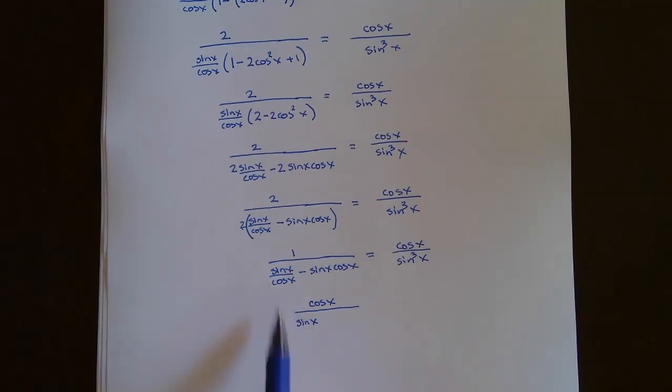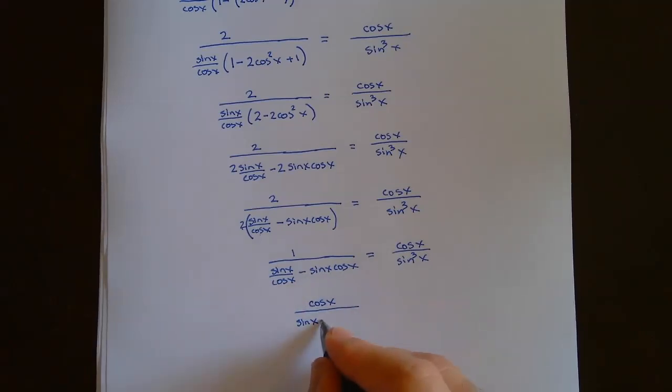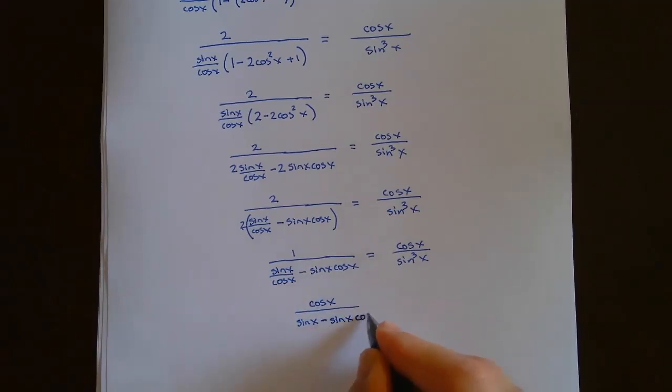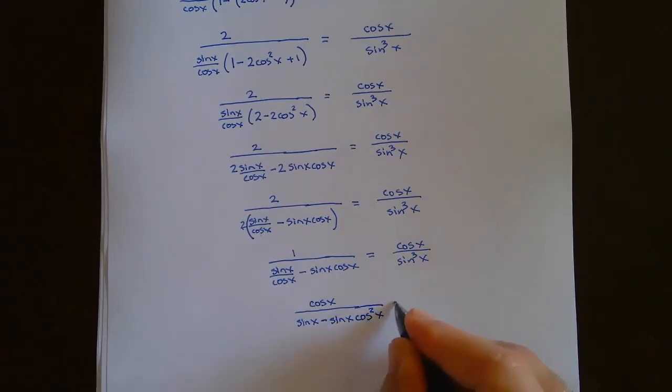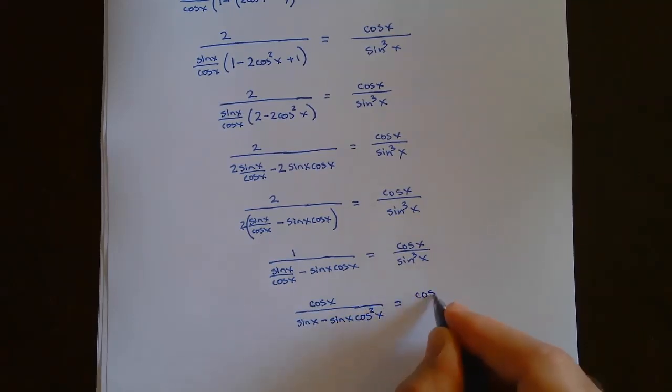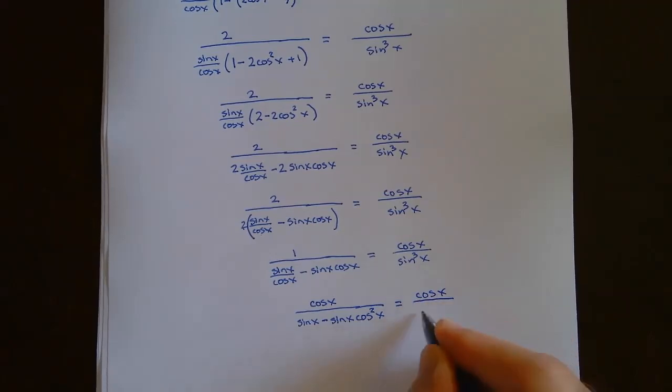Because I multiplied this by cosine x, the cosine x's are going to cancel, but I also need to multiply by cosine x over here. So this would be minus sine x cosine squared x, equals cosine of x over sine cubed x.